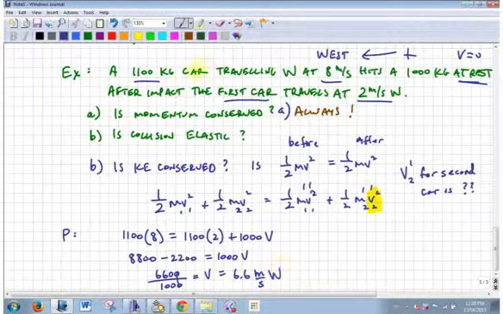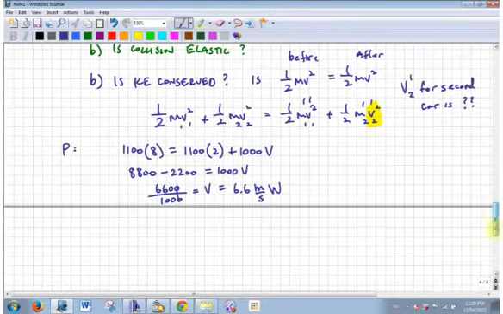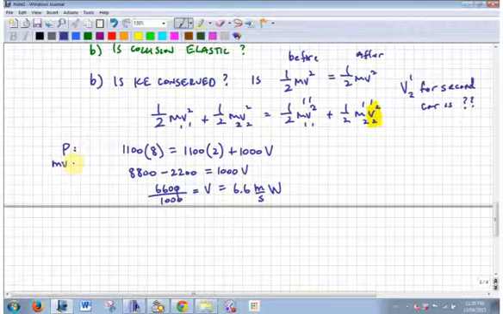So you draw yourself a picture, but it's going the same direction after it hits. They're both going the same direction, which should make sense. No, this is momentum. I'm doing momentum. I've got to find v. This is momentum. There's no v squared here. Okay, so that's v.